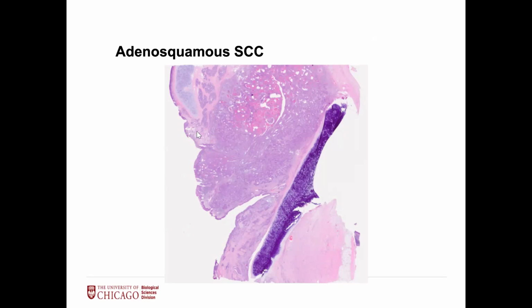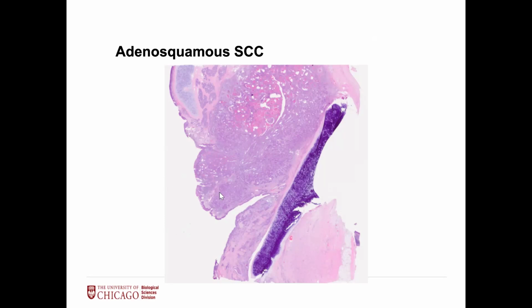And books will often say that the squamous is going to be superficial, and then as the squamous continues to go deep, it's going to turn into adeno. Yes, I've seen it look like that, but I've also seen it side by side like this, or mixed with each other. I don't think these are collision tumors.